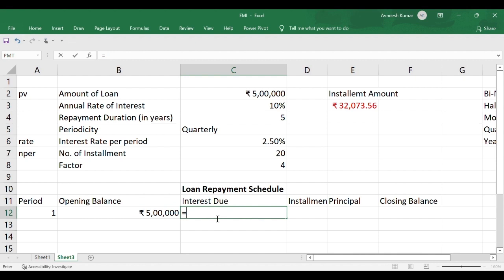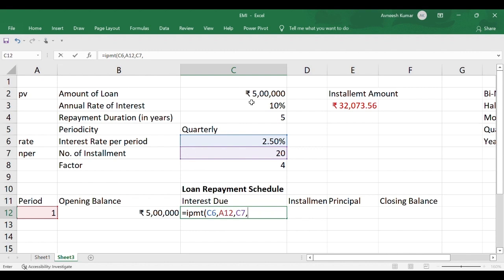Interest due. For this you would be using the IPMT function, and for the IPMT function, again we are getting rate from here. One additional argument here is period. This figure we would be getting from this A12. NPER would be taken from the C7 cell.